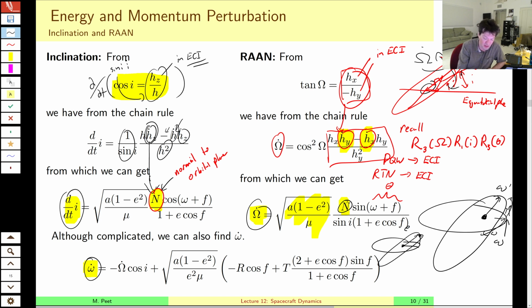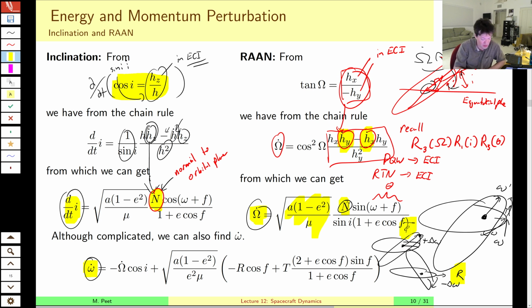This is the T component. And then I would think that a normal or radial component should move that perigee backwards. So positive delta omega for the tangential case, negative delta omega for the radial case. We'll see if that's true.